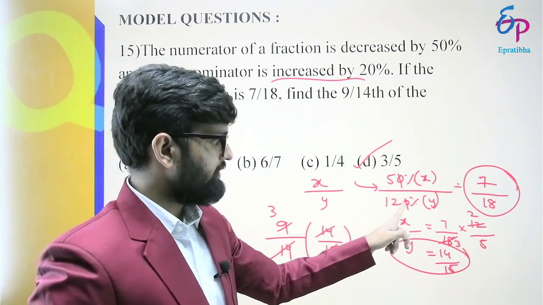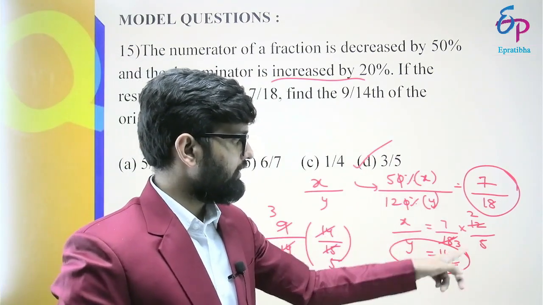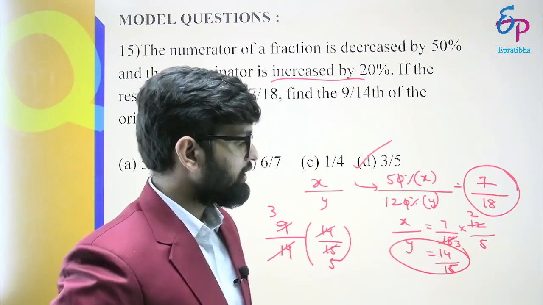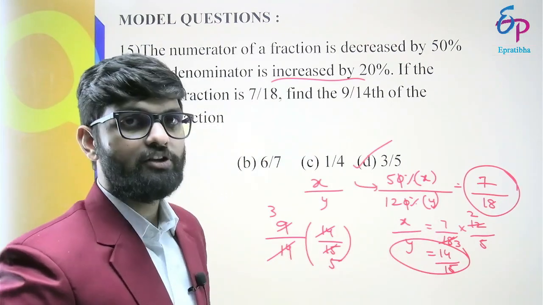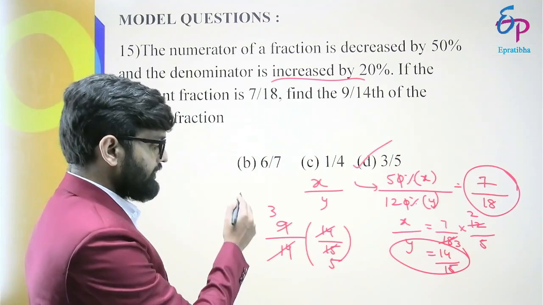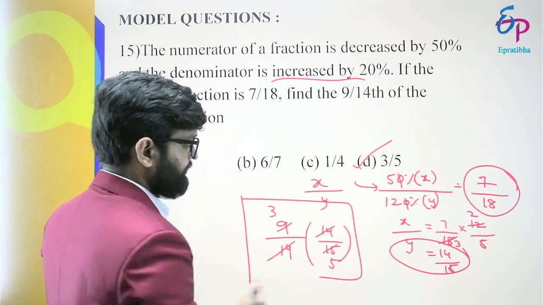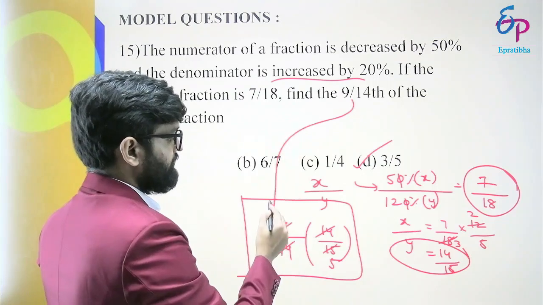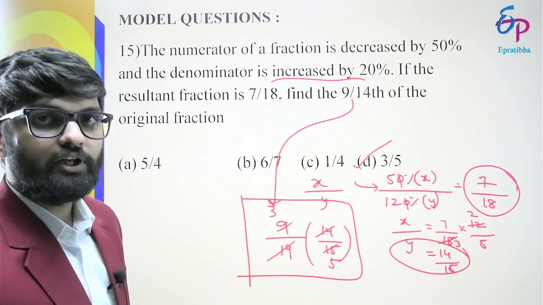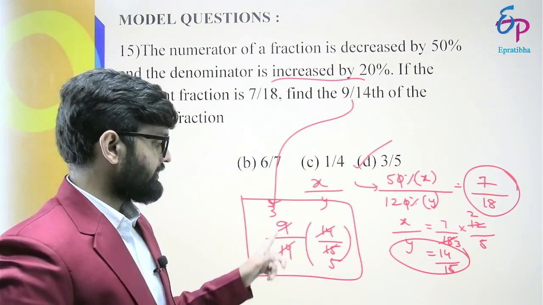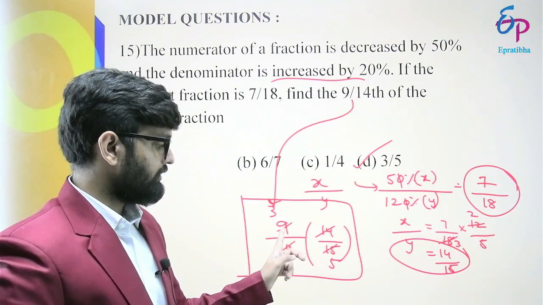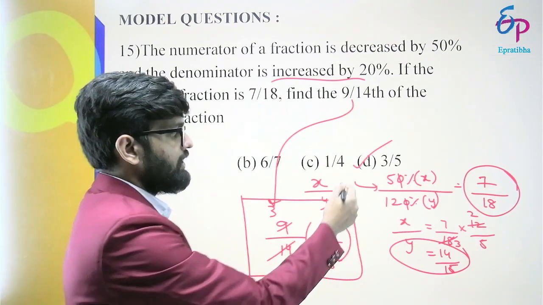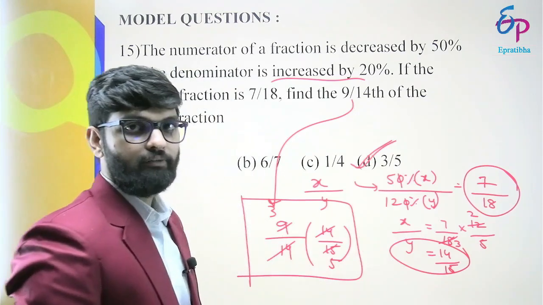The zeros cancel, and x by y is equal to 7 by 18 into 12 by 5, which you get as 14 by 15. As soon as you get the original fraction, you take 9 by 14 of it: 9 by 14 into 14 by 15. The 14s cancel, 3 3s are 9 and 3 5s are 15. So 3 by 5 is left. That's why the answer is 3 by 5.